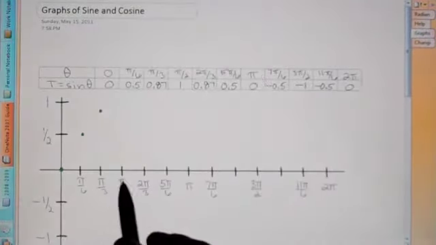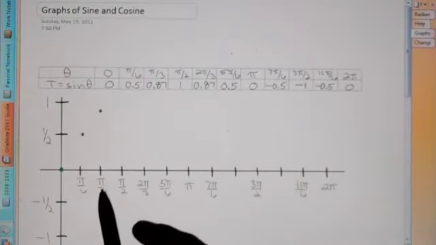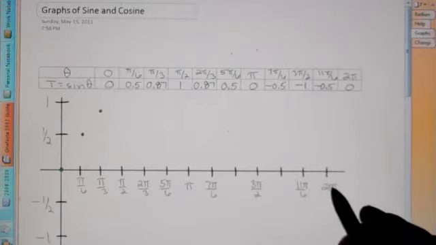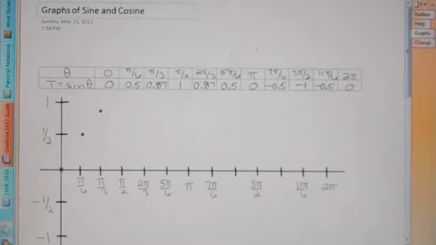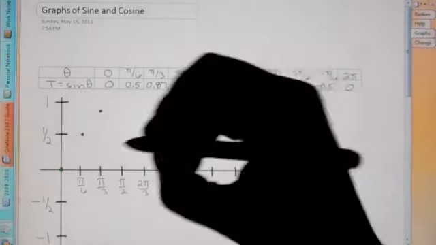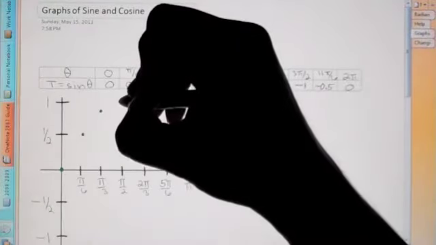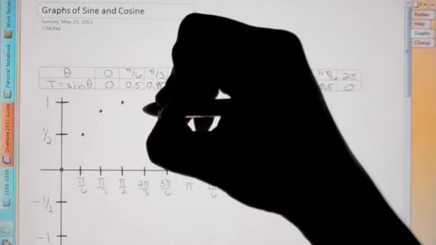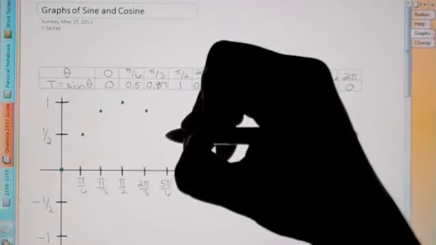And notice I did these in terms of pi over 6. 1 pi over 6, 2 pi over 6, 3 pi over 6, and so on and so forth until we got to 12 pi over 6, and then reduced the ones that I could. Now, pi over 2 is going to be up at 1. 2 pi over 3 is 0.87. This one's going to be 0.5.